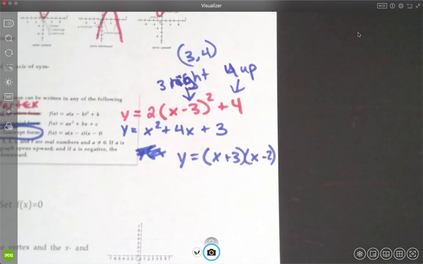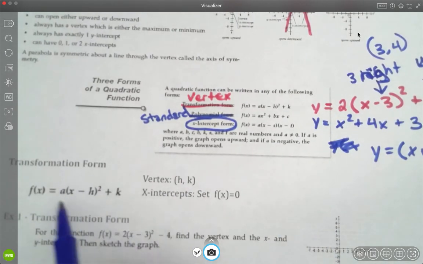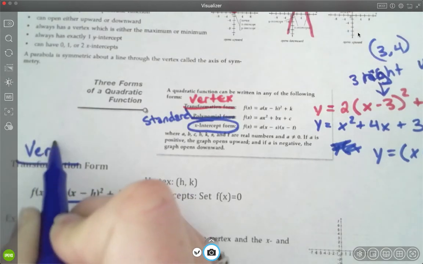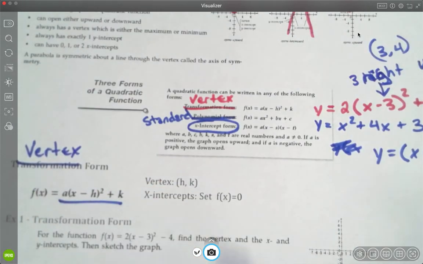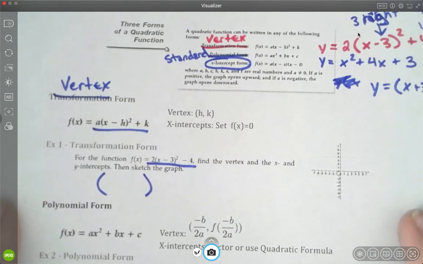Okay, let's go down. Here, the vertex form, or transformation form. If this is our function, what's the vertex? Hold on, not -3. If that's our function, what's the vertex? (3, -4).